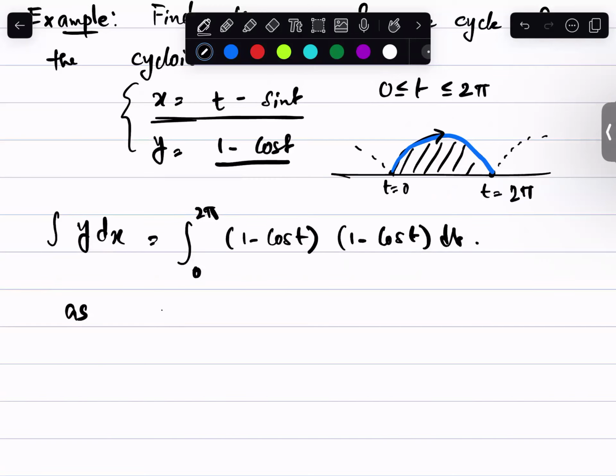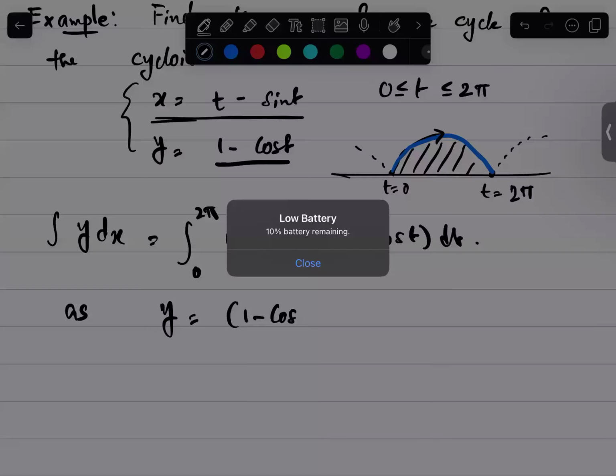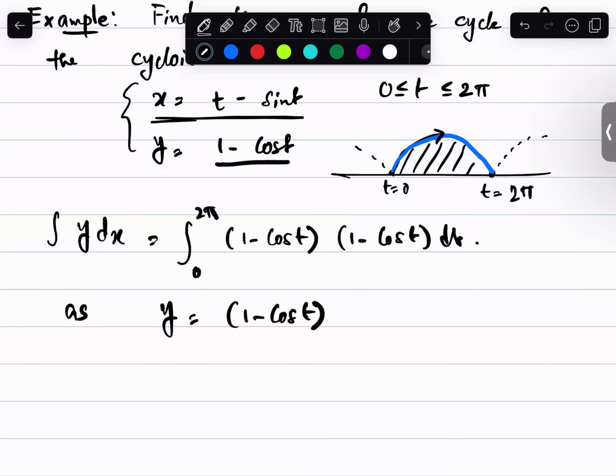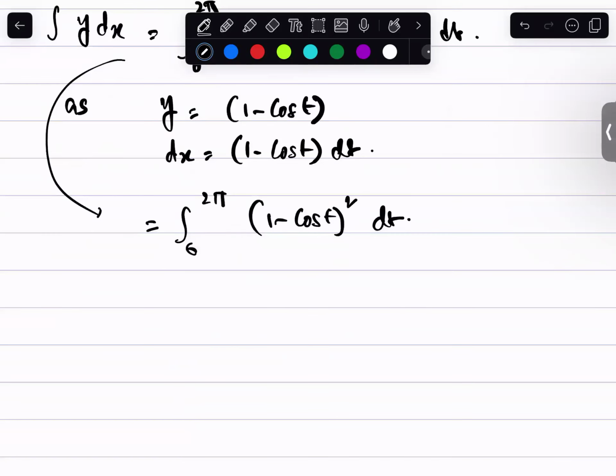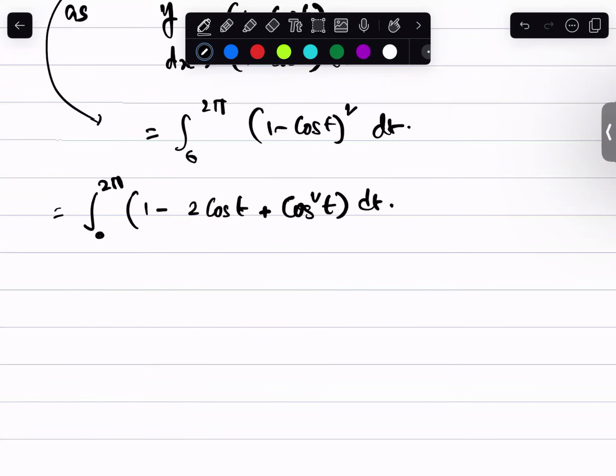So therefore, this expression becomes the integral from 0 to 2 pi of (1 minus cosine t) squared dt. I can write the square as 1 minus 2 cosine t plus cosine squared t, dt, from 0 to 2 pi. And now we need to do the integration.